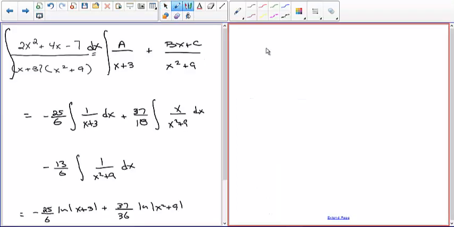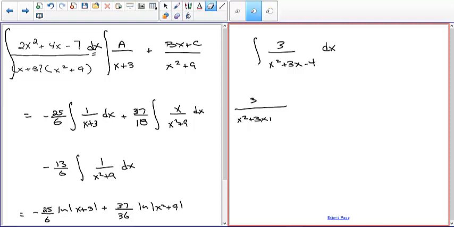So this is the one we're doing first. The integral of 3 over x squared minus 3x minus 4. What I would do is do the partial fraction first, and then plug that back in and do the integral. So what you need to do first is take this and factor the denominator, which I'm going to let you do.